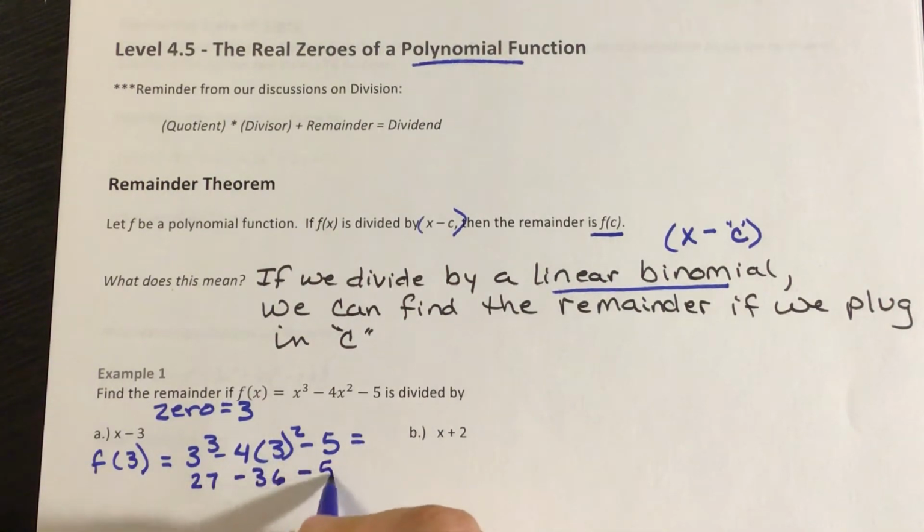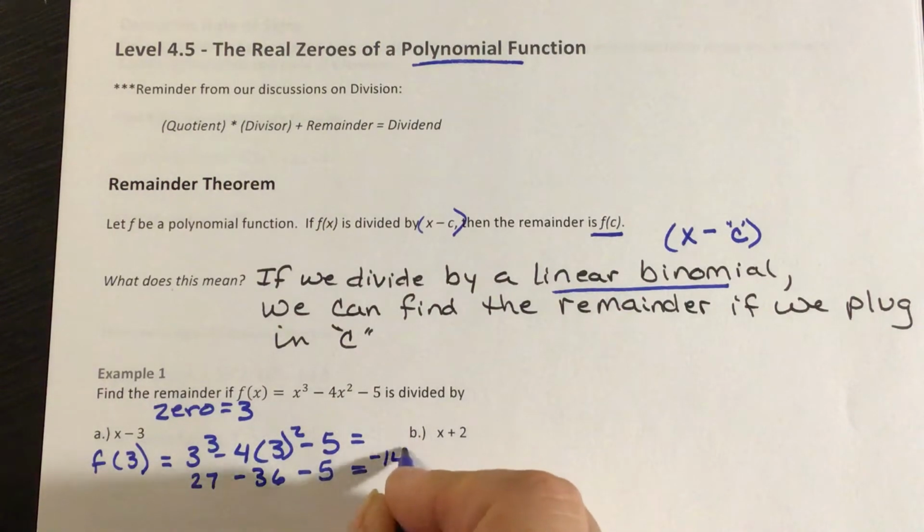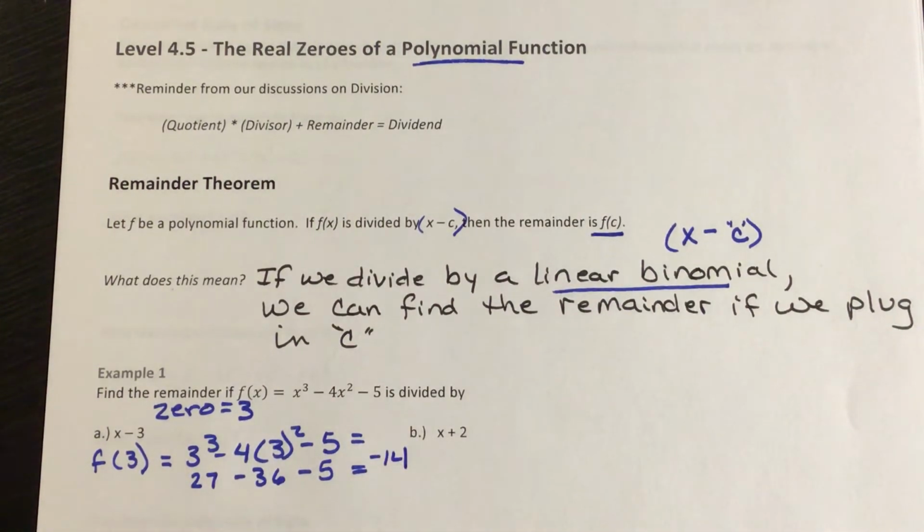And then minus 5. 27 minus 36 is negative 9, minus 5 is negative 14.